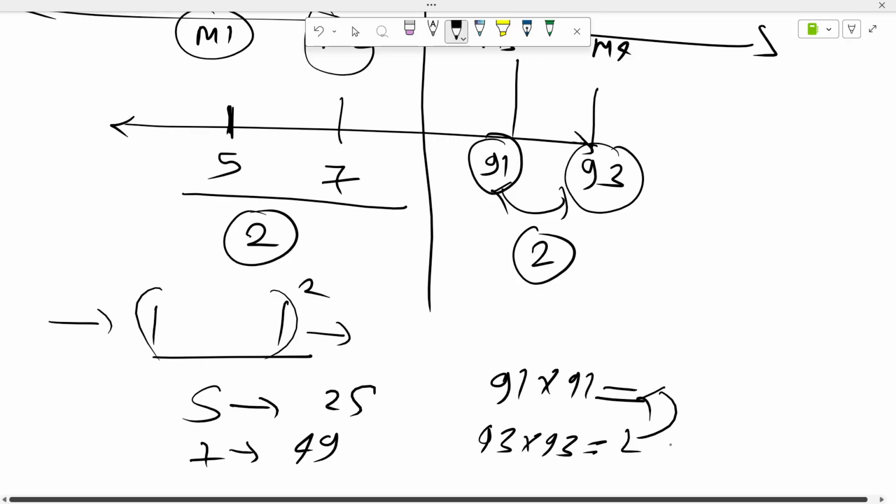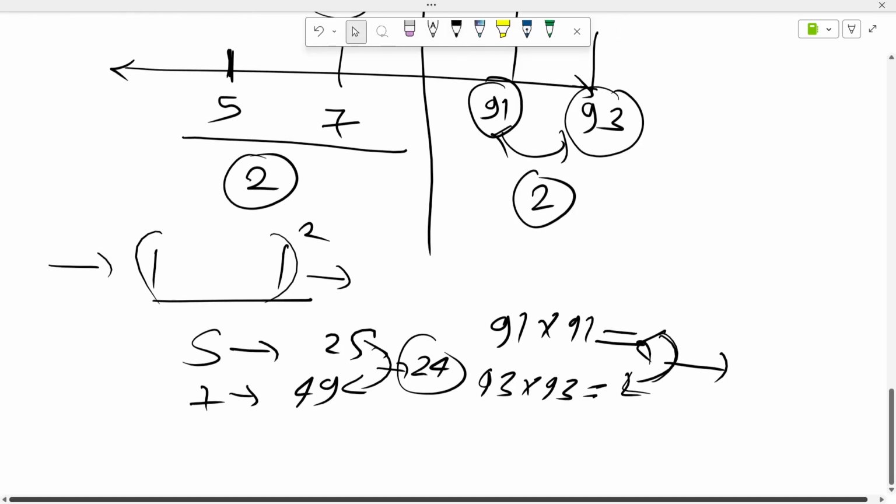So now the difference here is large as compared to this difference. This difference is just 24, and this may be a very large number, right? It may be in thousands. So this value is now interpretable: okay, M1 and M2 are close enough at least, and M3 and M4 are farther apart because the quantity of error is increasing.